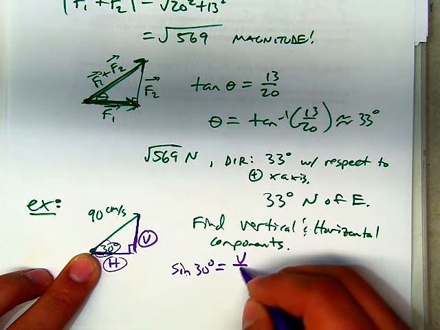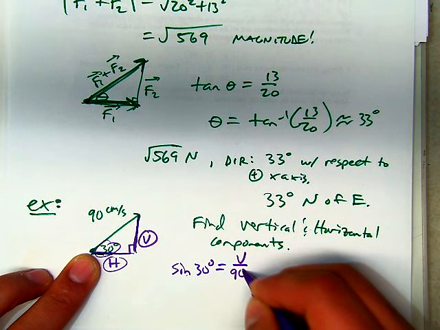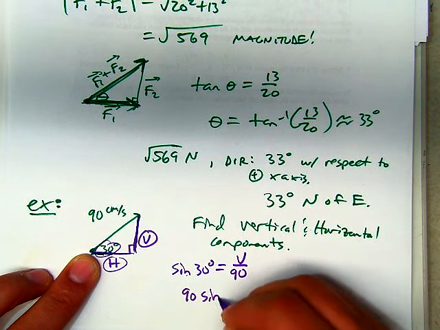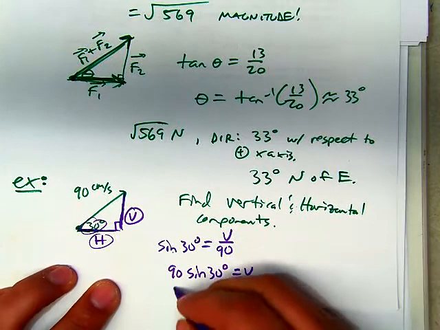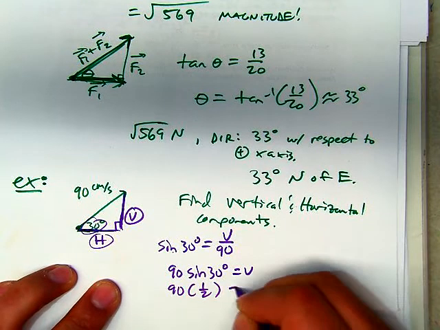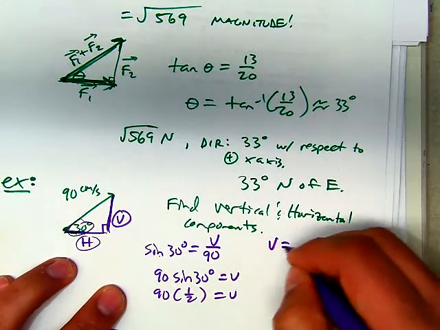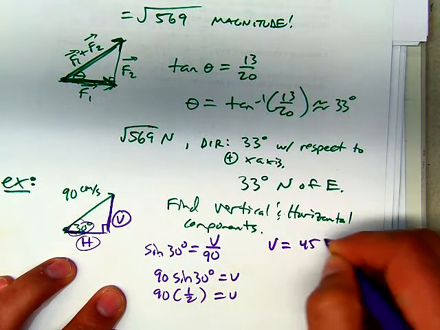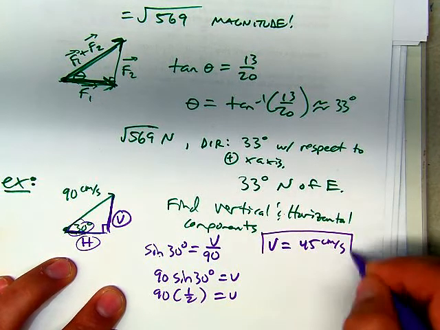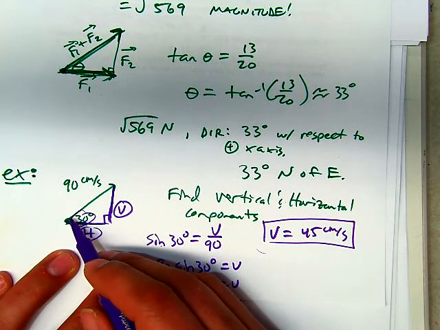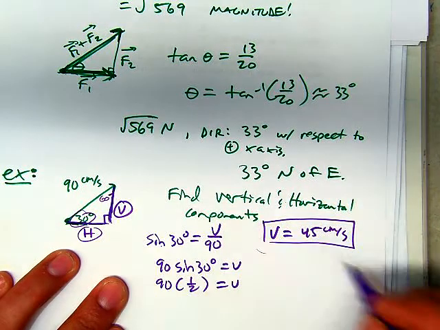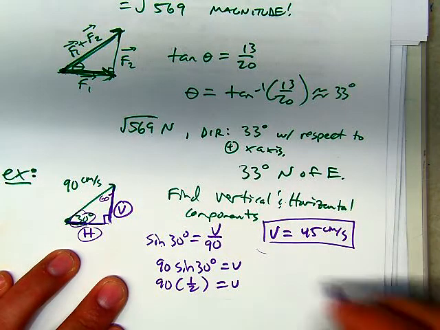Sine 30 is V vertical over hypotenuse 90. So 90 sine 30 degrees is the vertical component. Sine of 30 we know is 1/2. So we can say that the vertical component is 45 centimeters per second. Again, you can kind of shortcut this if it's a nice angle like 30, because it's a 30, 60, 90 triangle, so you probably already know the other answer.